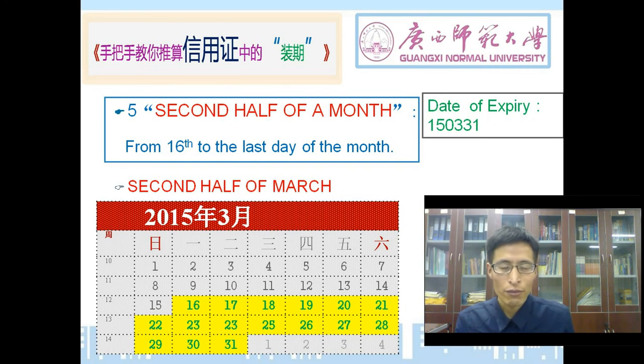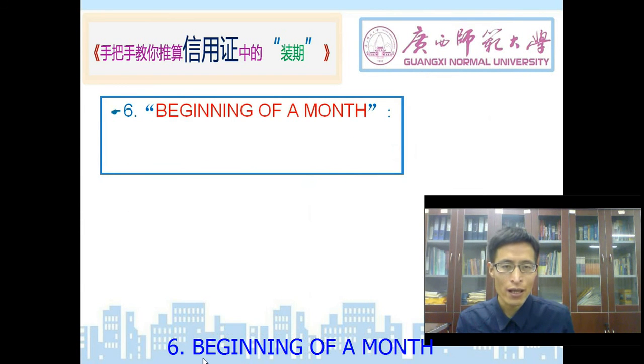And then the sixth way of expression about shipment period, that's the beginning of a month. In the letter of credit, if you see this kind of expression, beginning of a month, it refers to from the first day to the 10th day of the month. Let's take beginning of March as an example to illustrate the understanding of this expression. Okay, let's see this calendar.